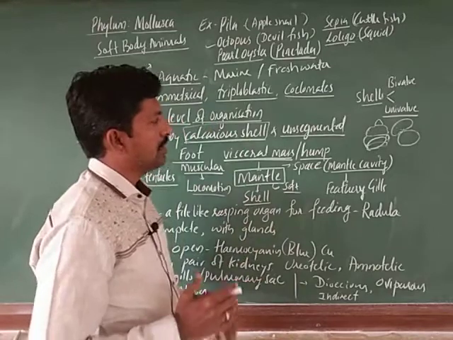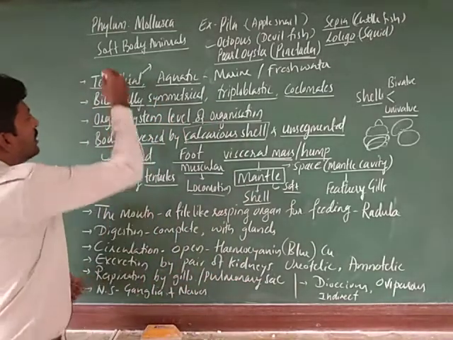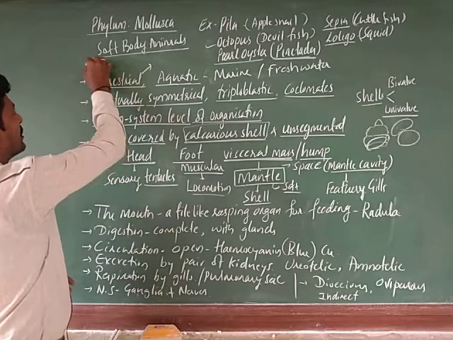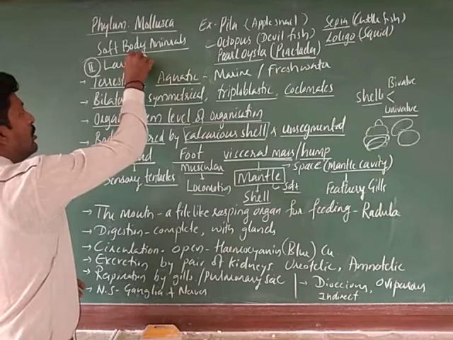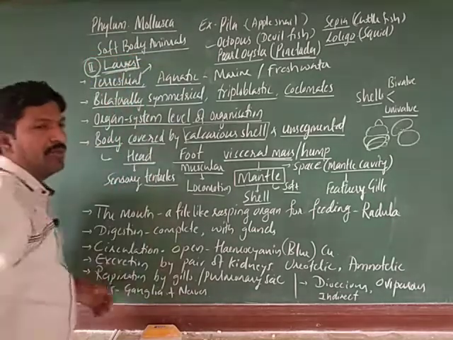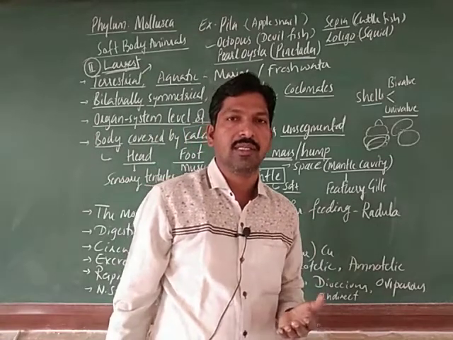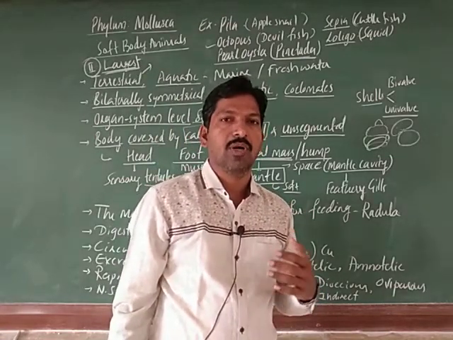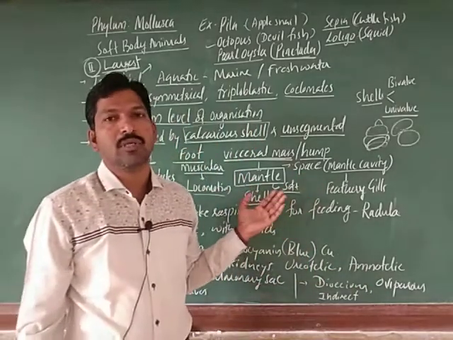One more very important criterion is that this is the second largest phylum in the animal kingdom. We already studied the first largest one, Arthropoda, which belongs to the invertebrates, but this is also invertebrata.